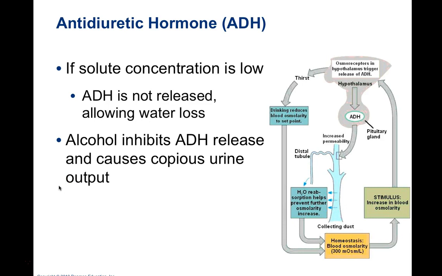So at this point, ADH will not be released. Within our hypothalamus, we would have inhibitory signaling, and so that would not cause a release of ADH from the posterior pituitary gland. Without that release, those aquaporins will not be synthesized here in the distal convoluted tubule and collecting duct, and water stays within these tubules of the kidney and will get excreted as urine.